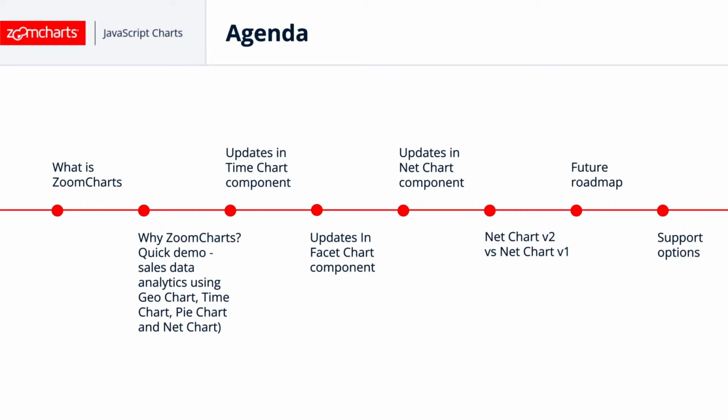And finally, once we've done all of that, we're going to go into the future. We're going to talk about where we're going with all this, what's coming next, and what you might expect 2023 to look like at ZoomCharts. And that's the gist of what we're going to be talking about.